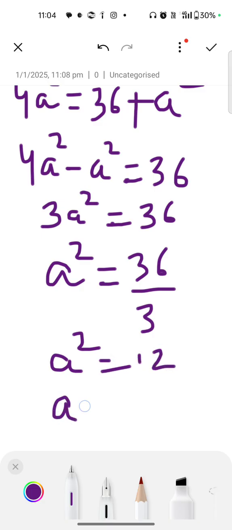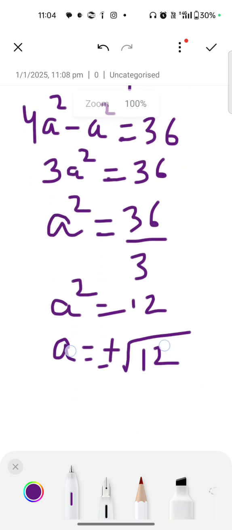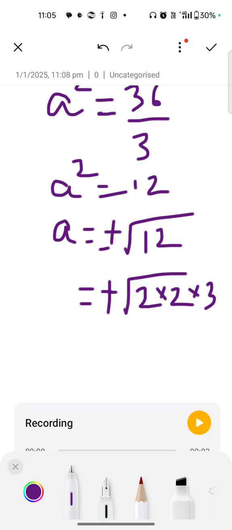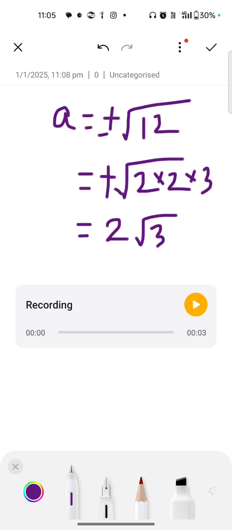And a will be equal to plus minus under root of 12. We are not taking the negative value here, so it will be plus root of 2 into 2 into 3. Since we have a pair of 2, it comes out, and since 3 doesn't have its own pair, we cannot take it out of the square root.